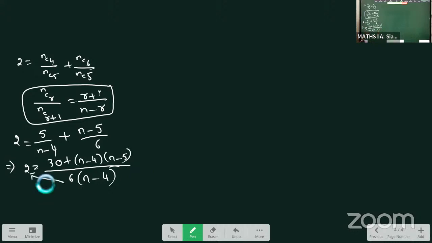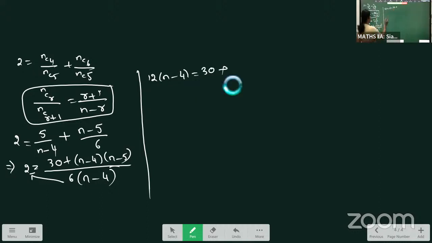Cross multiplication: 2 times 6 is 12, so 12(n−4) equals 30 plus, multiplying both, n into n, n square, minus 5n, minus 4n, and minus into minus plus, 4 into 5, 20.